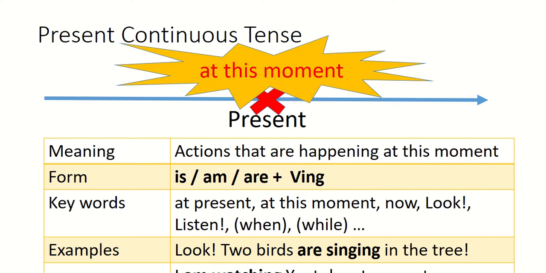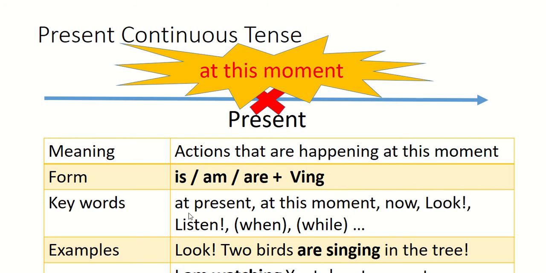For example, now Miss Ho is talking, 係講緊而家呢一刻你做緊嘅嘢. So it must be at this moment. And the meaning is the action that is happening at this moment, the moment that we are talking about. The form would be is, am, are plus the verb ing form.